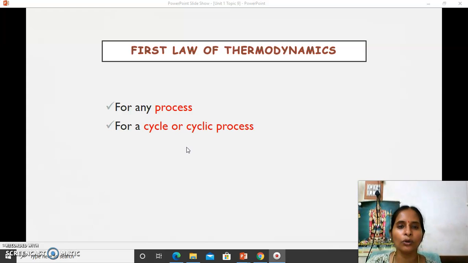Then we will move to the important topic, the highlight, or hero of thermodynamics: the first law of thermodynamics. Already you have studied the zeroth law of thermodynamics.